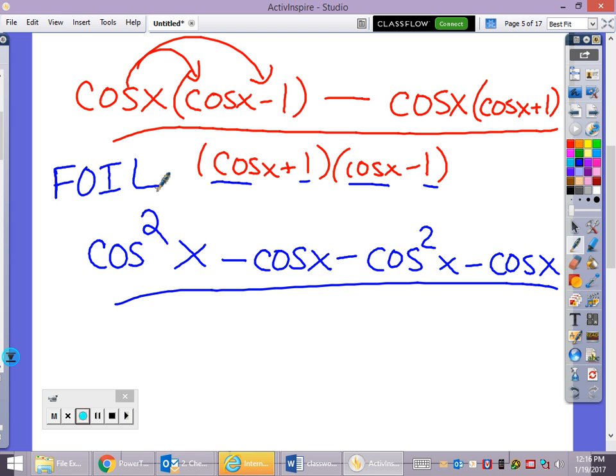Only if everything matches. So you just need to find first and last. See how this matches and this matches, but the signs don't? Okay? So cosine times cosine, and 1 times 1. And they're different signs, so negative. Okay, shortcut.